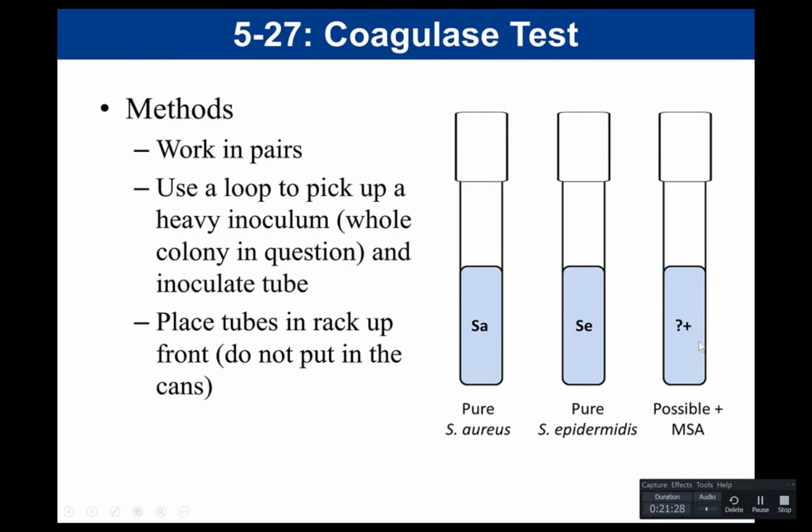And then after the 48 hours, we would look and see if it turned solid. If it turned solid, that would be confirmatory that the colonies that formed the yellow agar were in fact Staph aureus. And so the coagulase would be our confirmatory test, because Staph aureus and Staph epidermidis, as well as other types of skin bacteria, will grow on MSA. But we're looking for Staph aureus specifically.